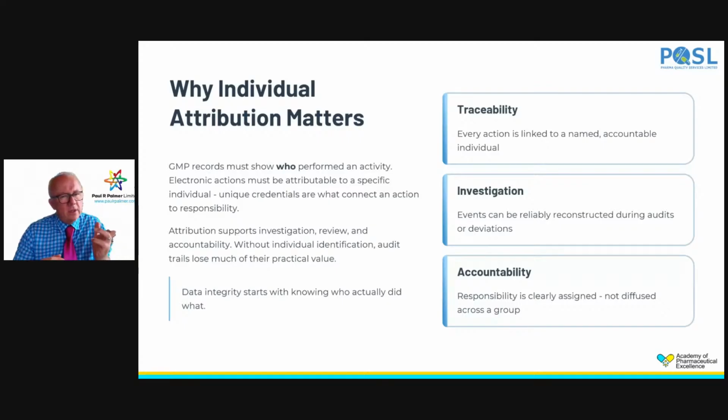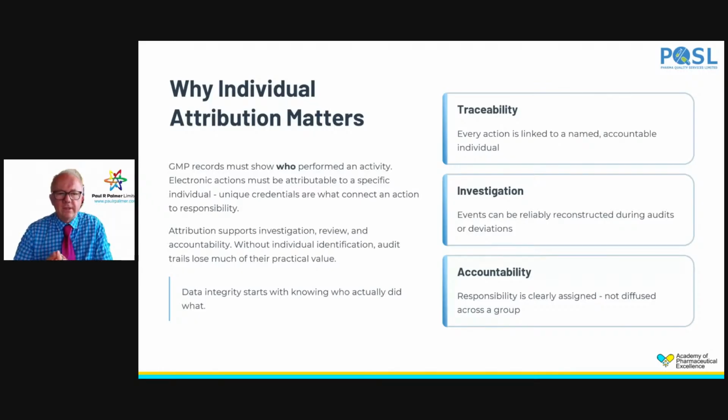If not, how do you know that it wasn't the person that's still under training, or the one that failed last week, or the one that's not qualified yet? You need full attribution to be able to demonstrate that only trained, qualified people are actually carrying out the testing.